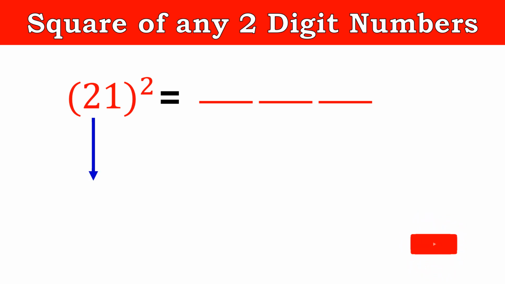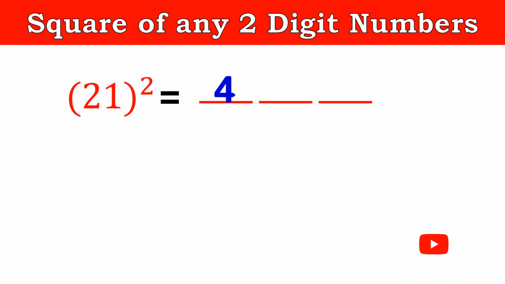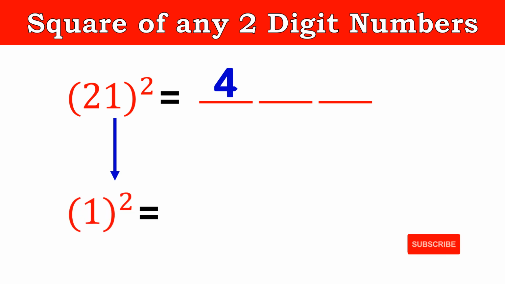In this case, the first digit of 21 is 2, so 2 squared is 4, and 4 is the first part. Now, the last part of the answer is actually the square of the last digit of the original number. So 21, the last digit is 1, 1 squared is 1, so 1 is the last digit.